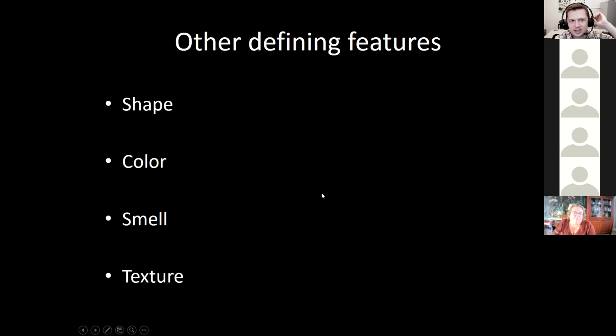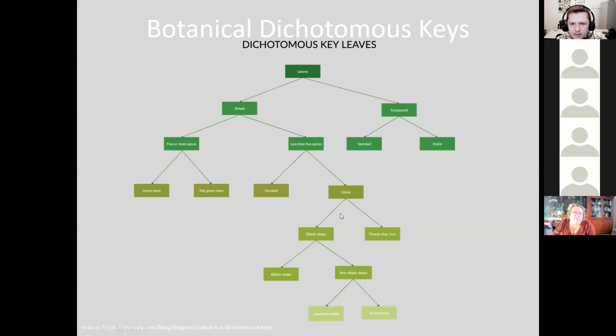Some other things to keep in mind, no matter what part of the plant: the shape, the color, smell, and texture. Based on all those things, particularly if you want to use a dichotomous key for leaves, this is how you can identify something if you're looking at it and can't tell what it is.